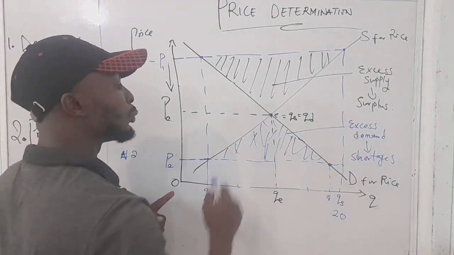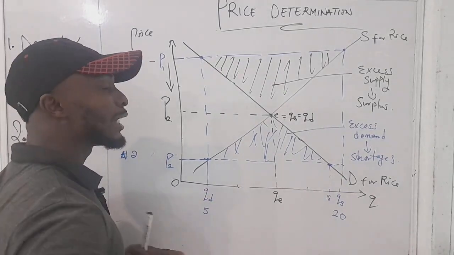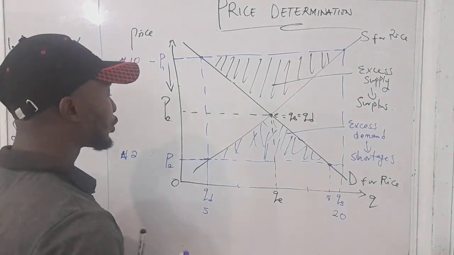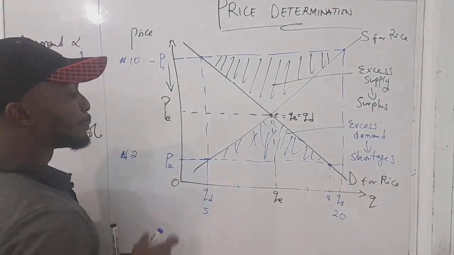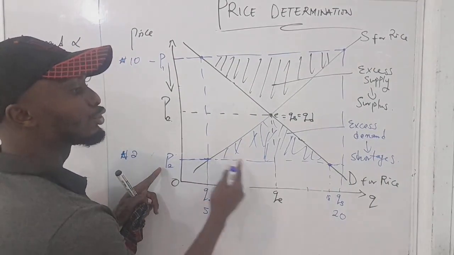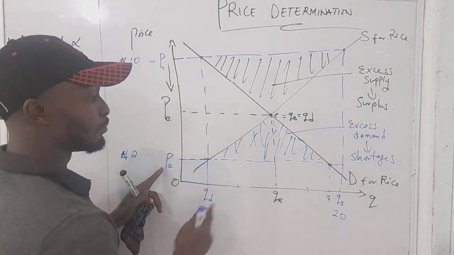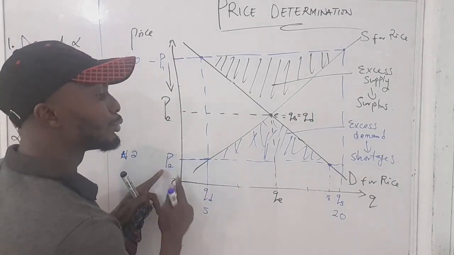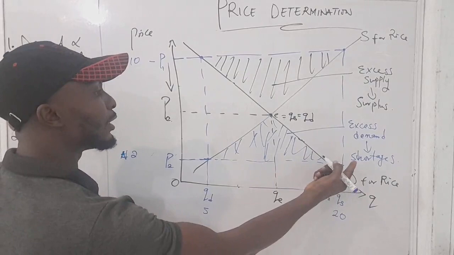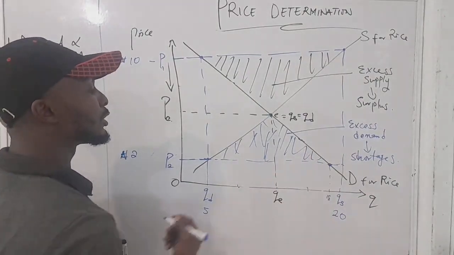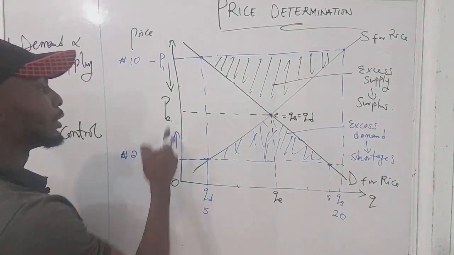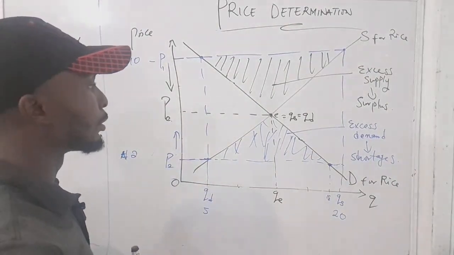Now the shortage that we have in this market will start on its own to push the price back up again. So when we have a price that is lower than the equilibrium price, the natural thing that happens in that market is that the price of the product will start going up. The excess demand or shortage has begun to push the price of the product back up to the equilibrium position.